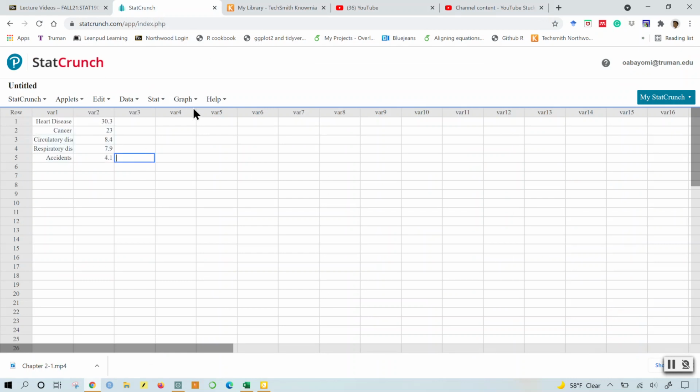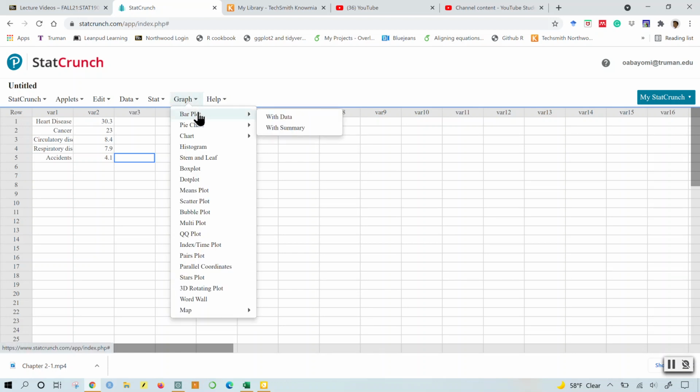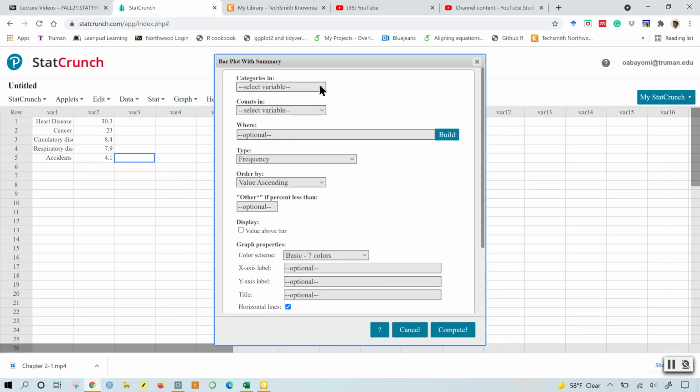After pasting, I'm going to go to Graph. I would like a bar plot, so click on bar plot with summary. It has already been summarized because we already summarized the different percentages. So click on that, in which case my categories are in variable 1. I can see all the different categories of causes of death, and the counts are in variable 2.